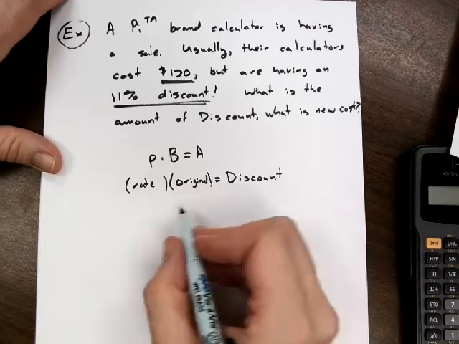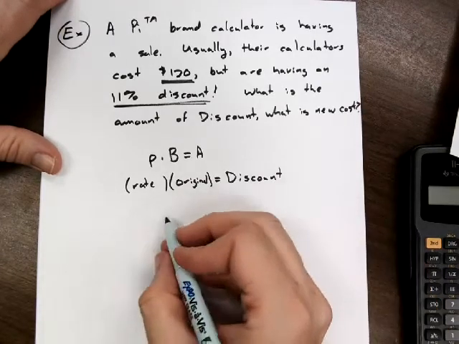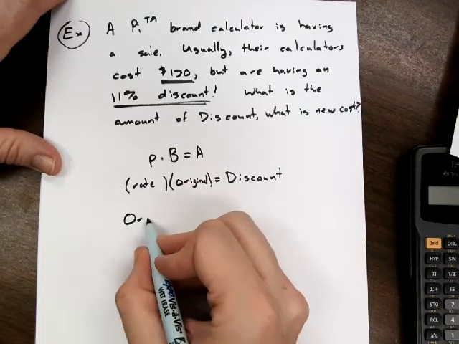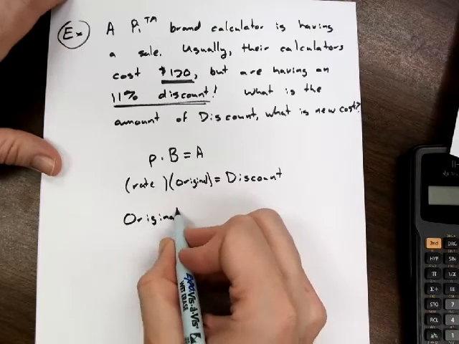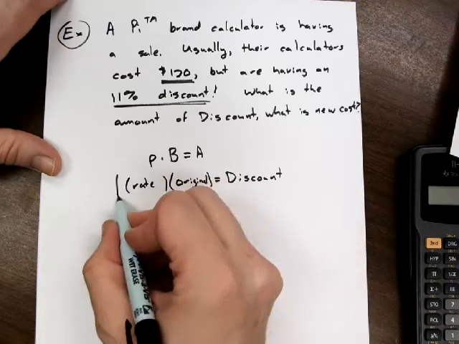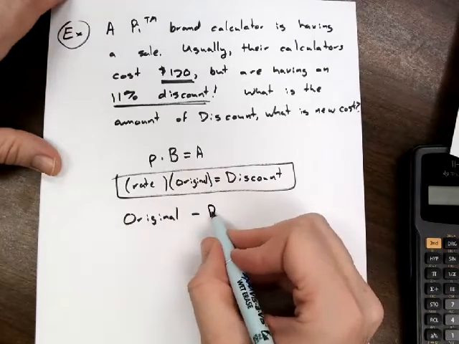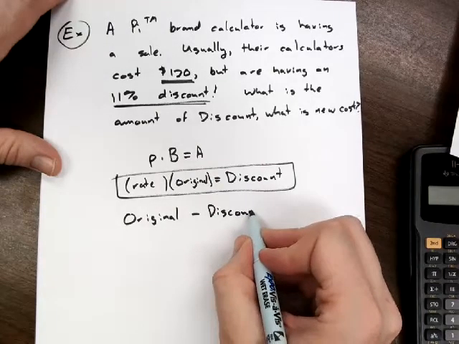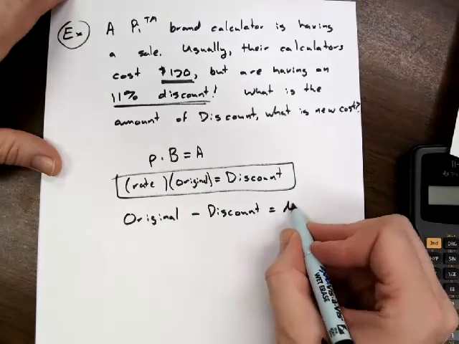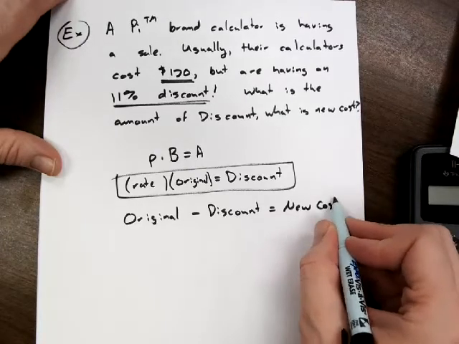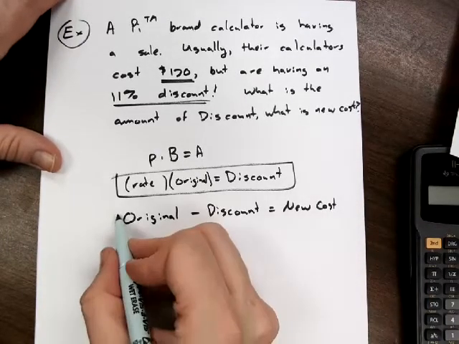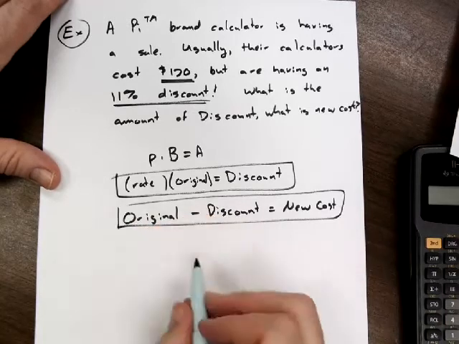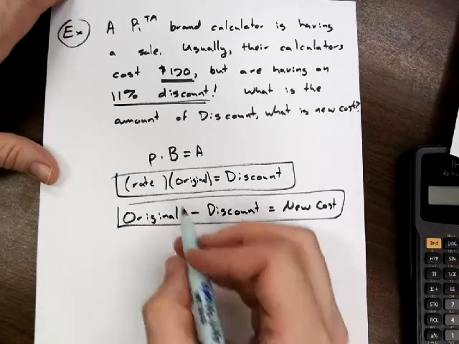Well, and then once we've done that, we're going to take our original amount. We're going to subtract that discount, and that's going to be equal to our new cost. Well, let's go ahead and figure this out.